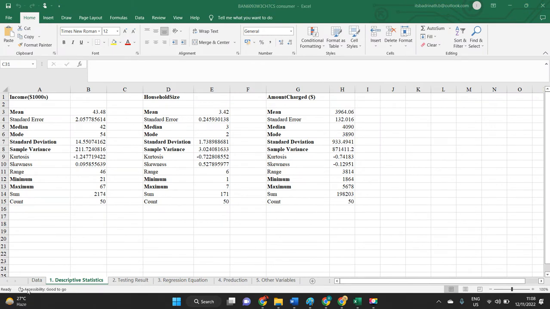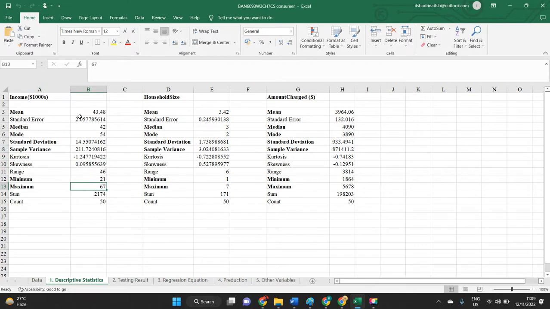When the selected data is analyzed for descriptive statistics, the following results were achieved. From this, for the income variable, we can use the bolded values, which help us establish some explanation. For example, for the income variable, when we consider the 50 people and their income, we see that the least income of the people who gave data is 21,000, in thousands, and the maximum income for any person in the list is 67,000.